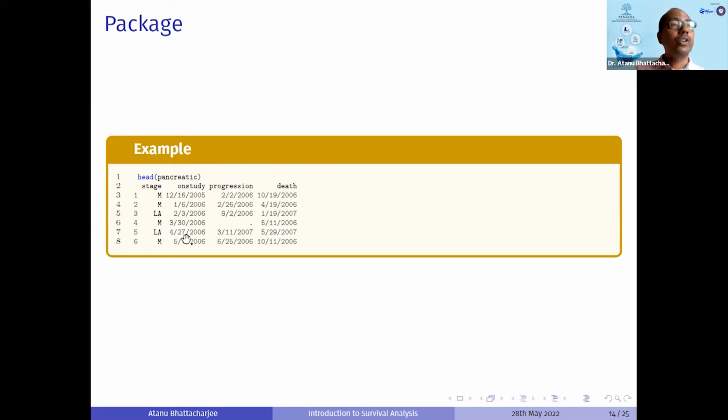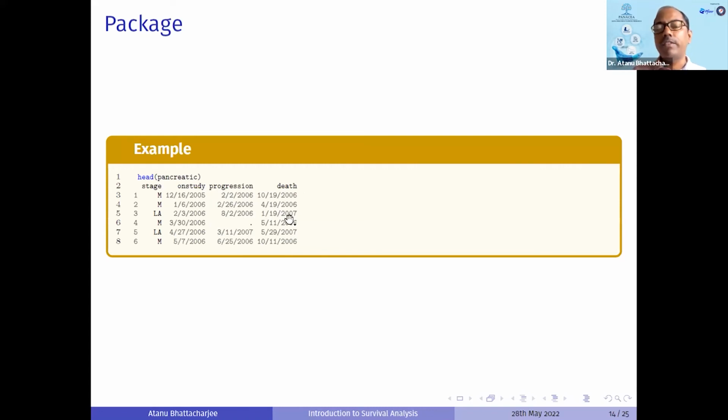And there is another important parameter that should be there, a progression parameter. While you are talking about the death parameter, death status would be there, like died or alive. Similarly, progression status will also be there. For those particular patients with no progression, you can put progression status as 0. Otherwise, for those having progression, it should be 1. Remember, the progression duration always comes earlier than the death duration.